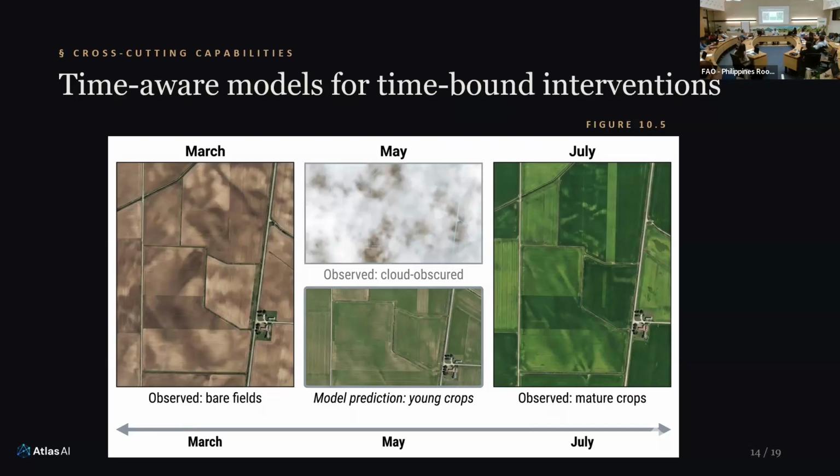And so you can take an image from a year where you had a good scene, and then a day where you just had an exceptional amount of cloud cover in the same month, so in the month of May. And then in the figure on the right, you have the model regenerating what that place looks like a few months later because it's remembering the temporal profile, right?